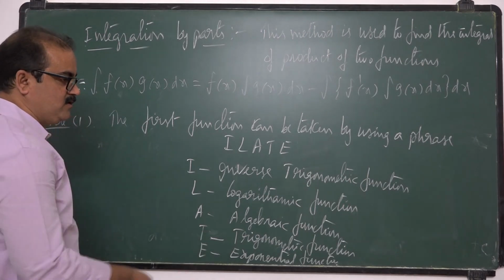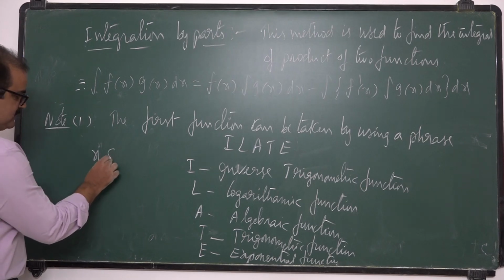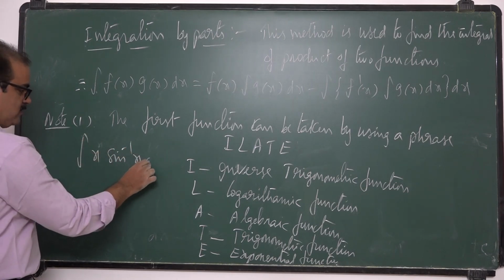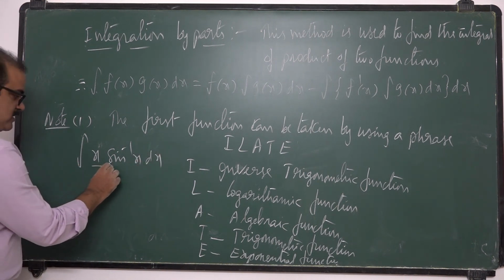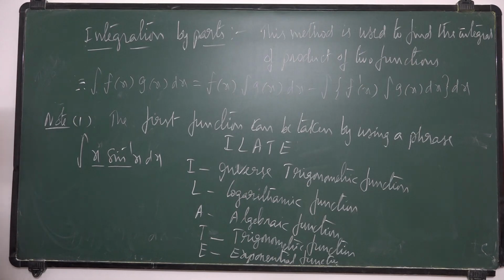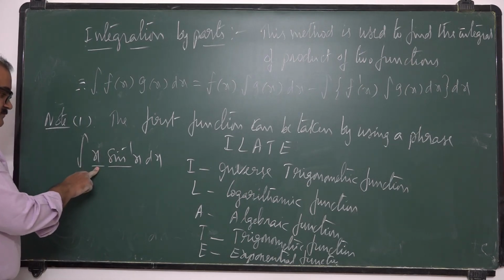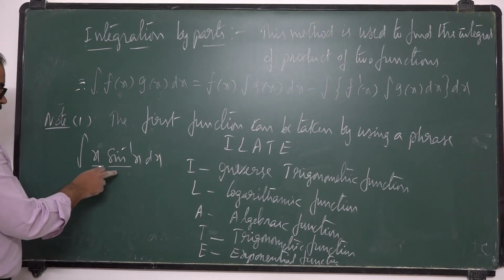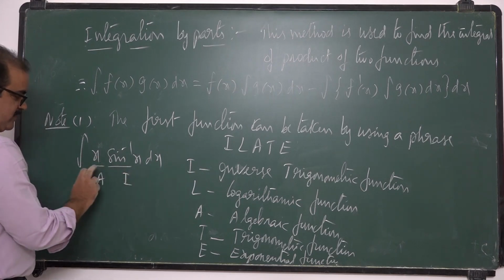For example, if the given problem is in the form of x into sin inverse x, find the integral of the product of two functions x into sin inverse x. Here what is the first function? X. What is the second function? Sin inverse x. Here the order is algebraic, next inverse trigonometric.